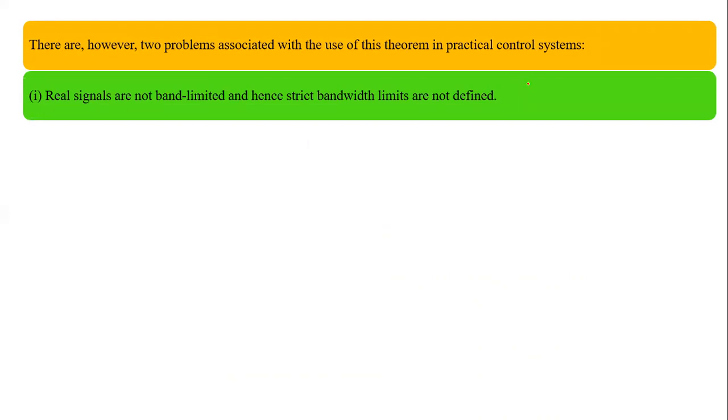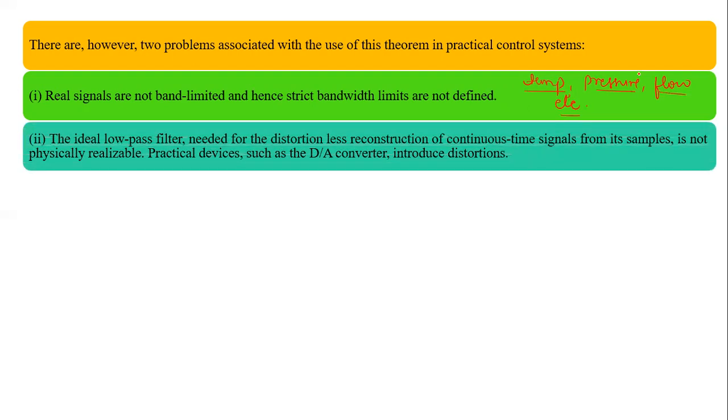So this is one issue related to real-time signals, like your temperature, pressure, flow, etc. That means real-time signals from the process industries, right? The second issue is that we need to have the ideal low pass filter in this case. That means if you are measuring temperature, pressure or something like this, we need to have the anti-aliasing filter.